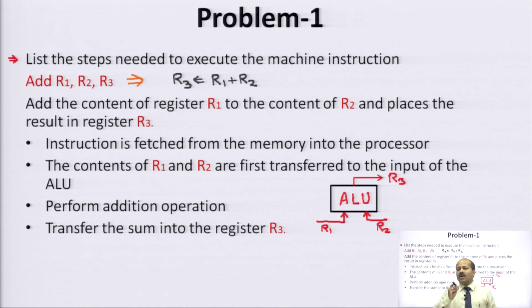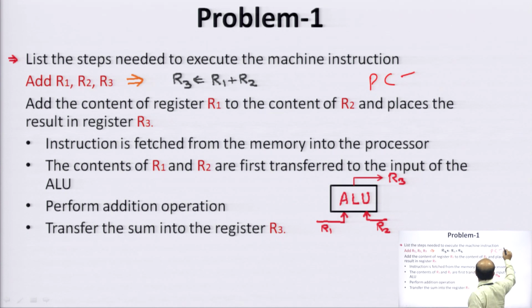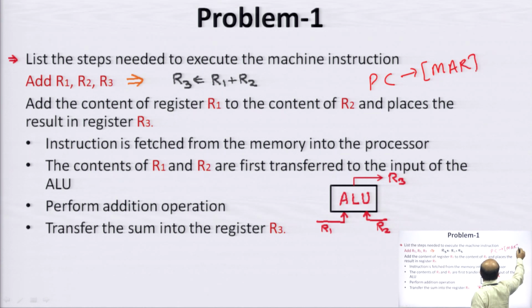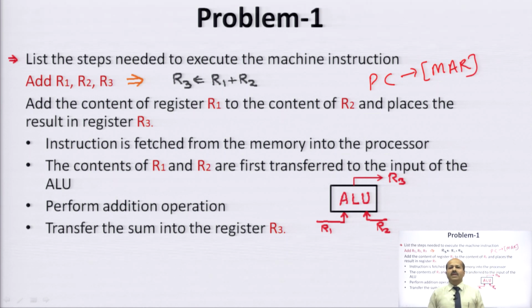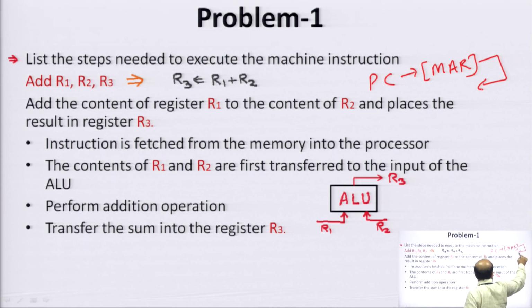First, the address of this instruction is generated by the PC, and this address is transferred to the MAR register, which is used to hold the address of instruction or data. This MAR register is connected with the main memory, from where we have to fetch the instruction, and the instruction, in terms of some control word, is fetched and is available in the MDR, the memory data register.